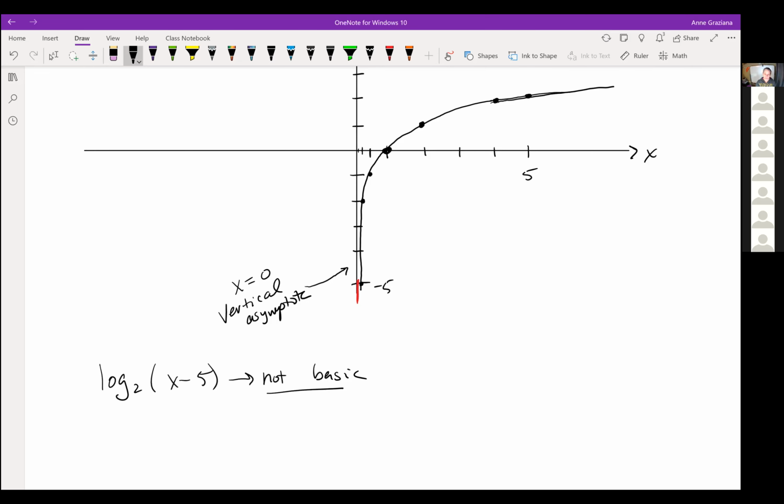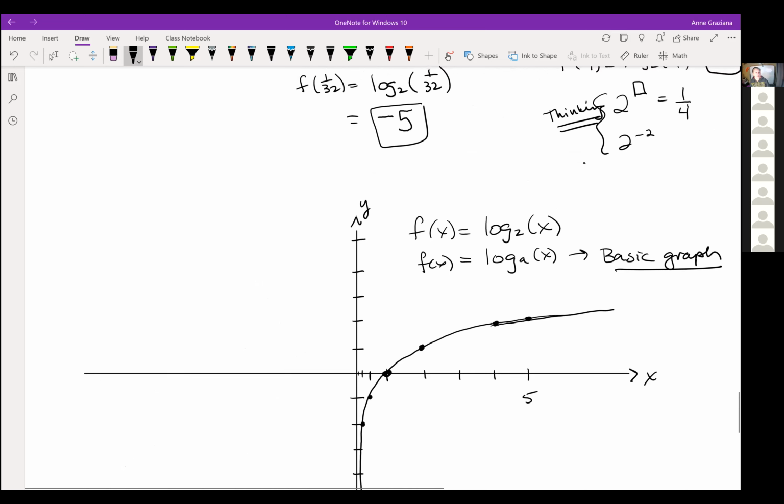Okay. It's still going to have the same properties, but it will be shifted on your axes. We're going to talk about that more in pre-calc. And you guys did this actually in workshop.